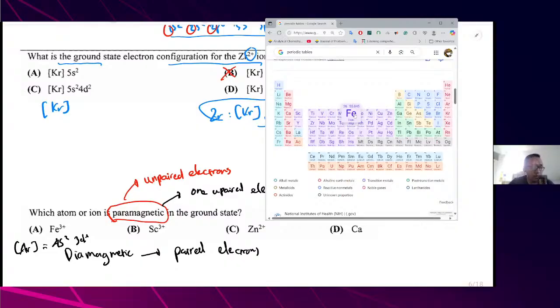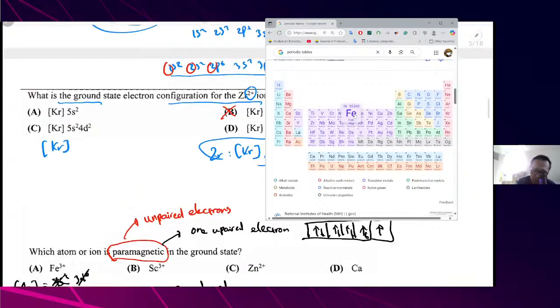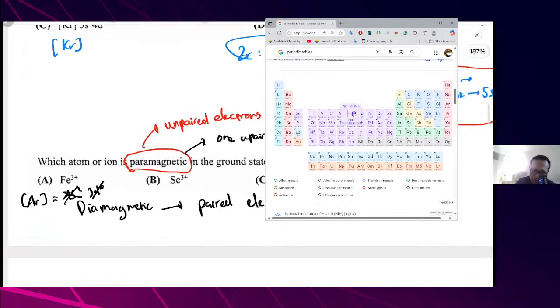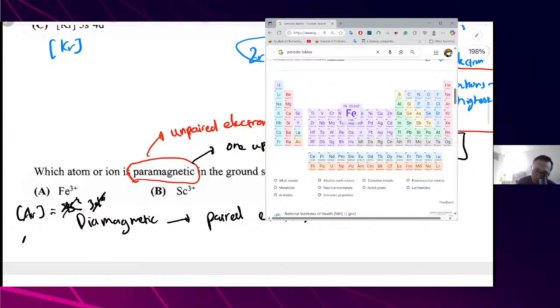And again, because we need to remove 3 electrons for 3+, we can remove the 4s part and then remove 1 electron from 3d6. So the configuration of Fe3+ is [Ar] 3d5.